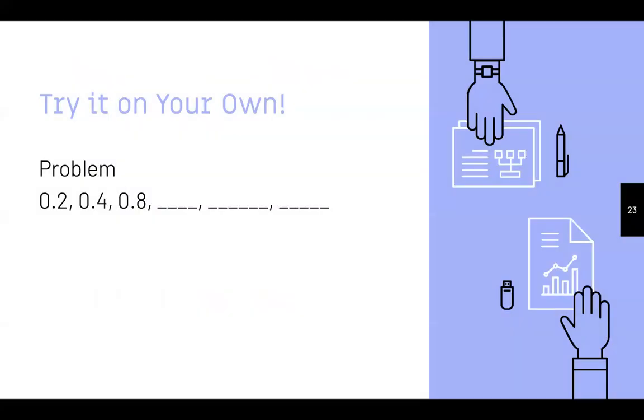So let's try it on your own. I'll give you a hint right now that it's a multiplication problem. I'm saying obviously because the one before was a multiplication problem, so I'm giving you another multiplication problem. And then we will move on to division.